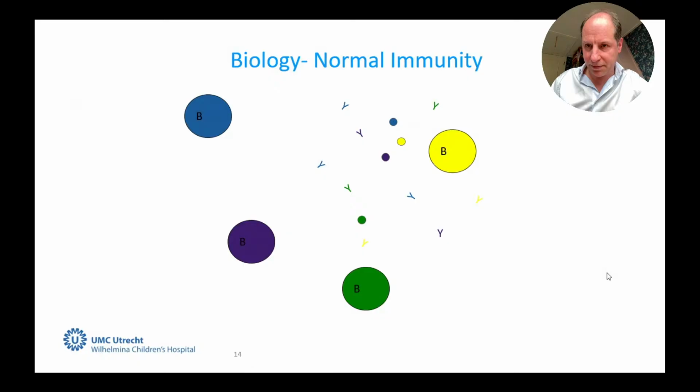You need a whole range of different T cells that have gone to school in the thymus to learn to recognize that specific structure or pattern. This works through receptors on the cell, and it's the T cell receptor that recognizes little pieces of this virus on the surface of infected cells.